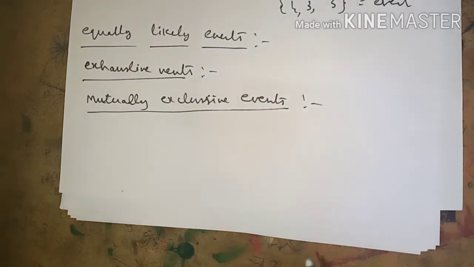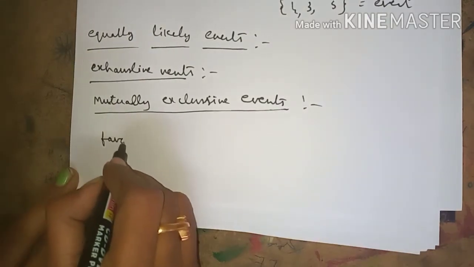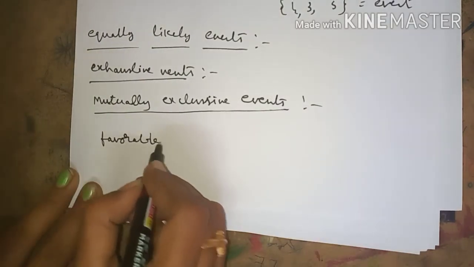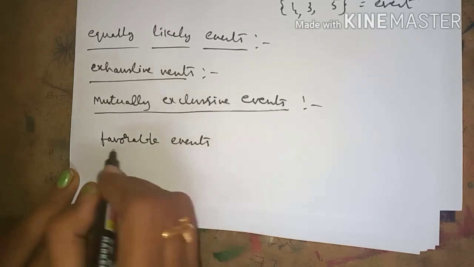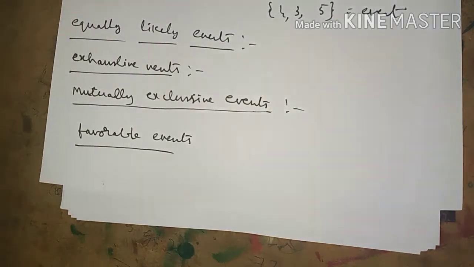Now, favorable events. What is meant by favorable? The number of outcomes favorable to an event in an experiment is called favorable events.